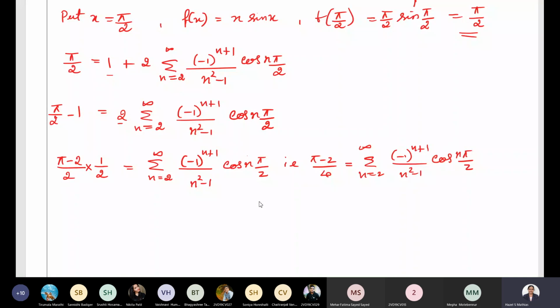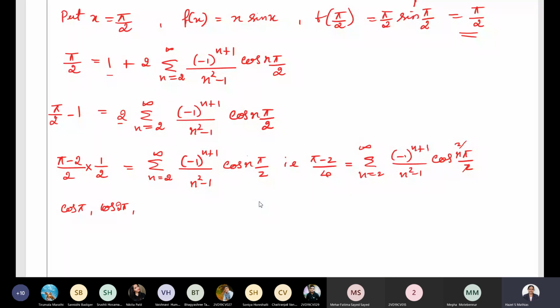See over here, when you give even numbers, what happens? If you give 2, the 2 cancels and pi will remain. If you give 4, what will remain? 2 pi.